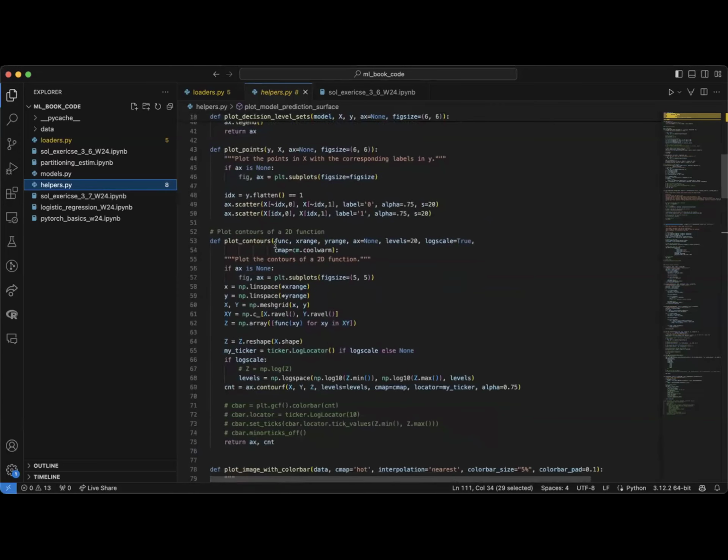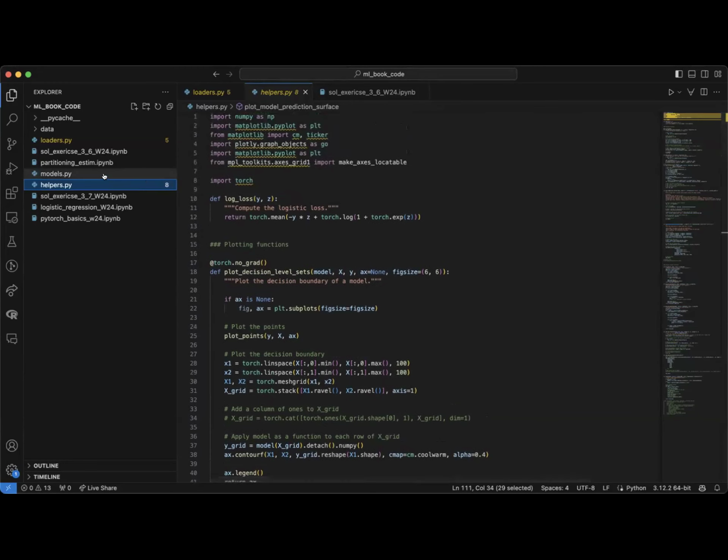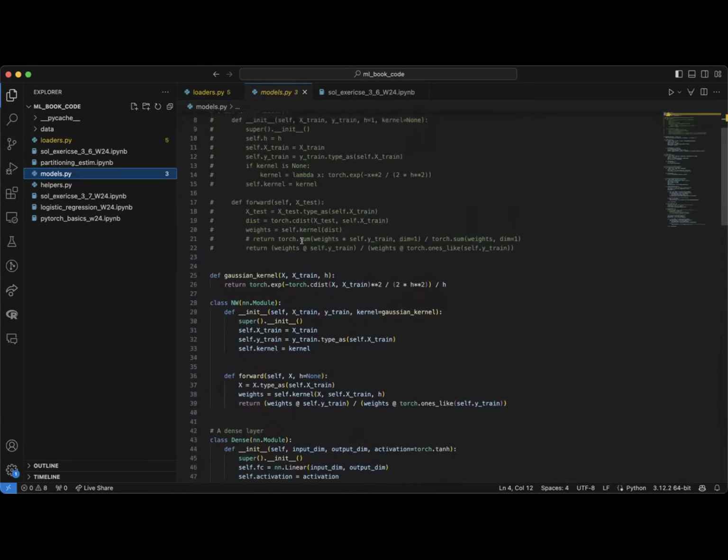For example, plot contours, and there's this plot decision level sets that we talked about. You need a PyTorch model, which is essentially a function, and it evaluates it. But all of this assumes that things are two-dimensional, with two features, because otherwise we can't plot. So this contains a bunch of those, and this other file contains the models.